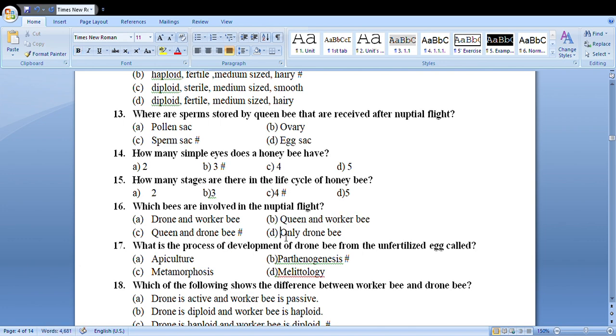Queen bee and drone bee, means male bee, are involved in the nuptial flight. What is the process of development of drone bee from the unfertilized egg called? Obviously, its answer is parthenogenesis.